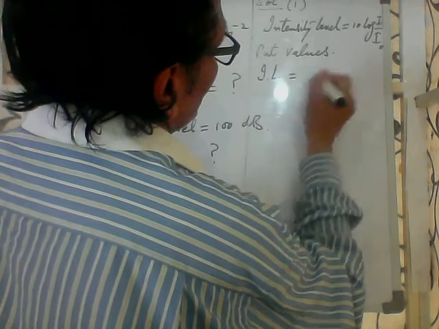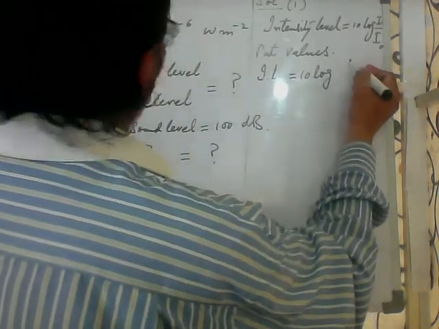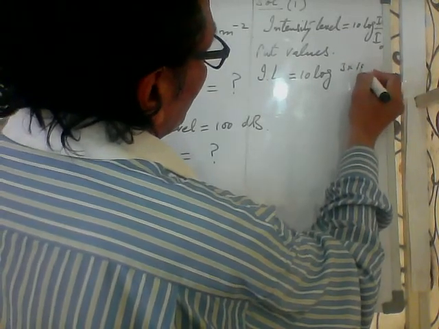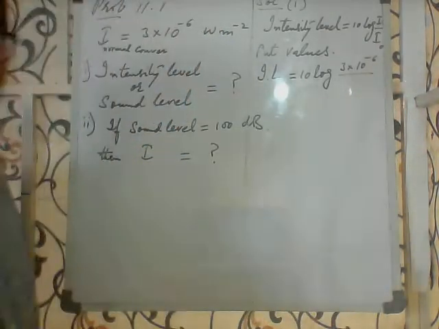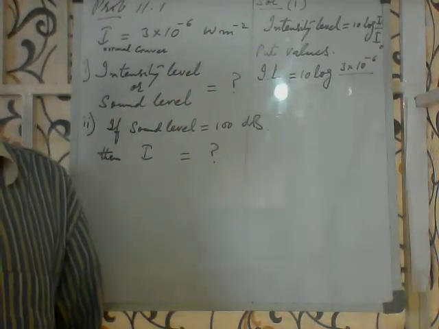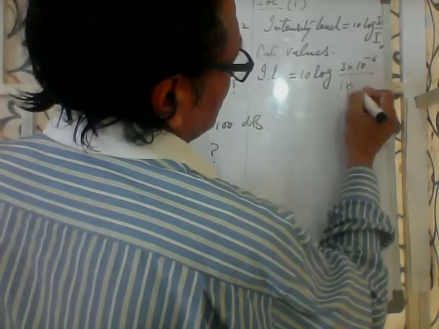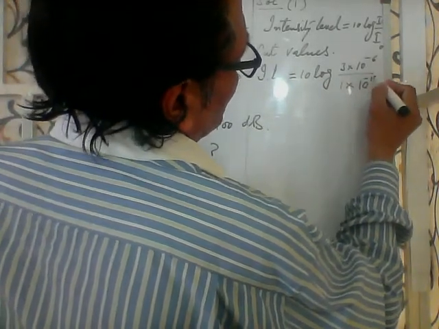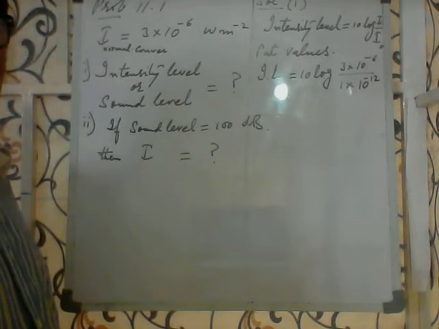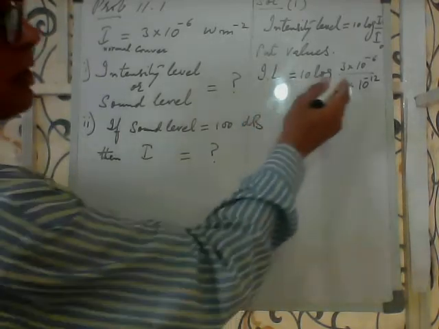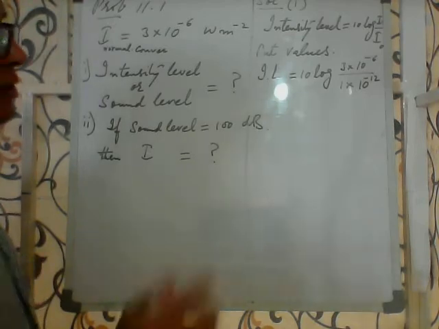intensity level is equal to 10 into log of, what is the value of I? 3 into 10 raised to power minus 6. What is the value of I naught? You know it. You will memorize it. The least level of intensity is 10 raised to power minus 12. Keep it memorized.